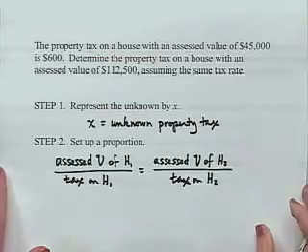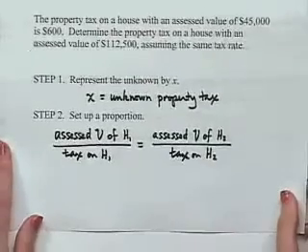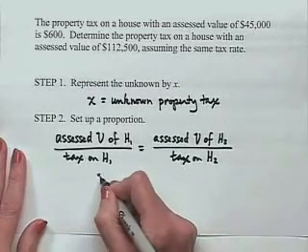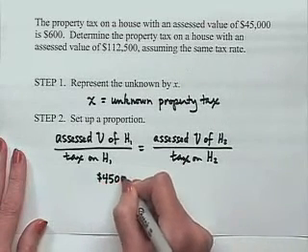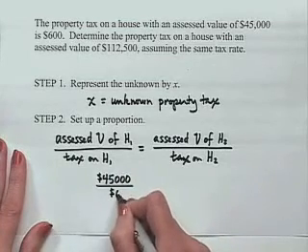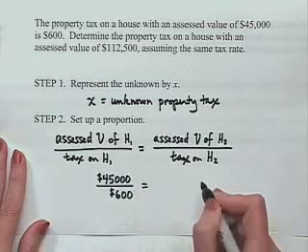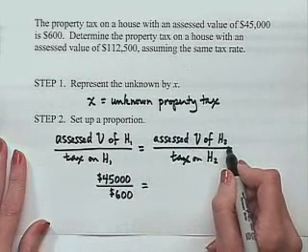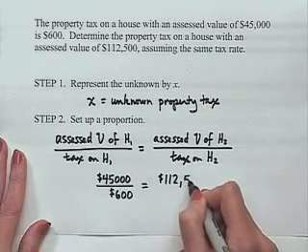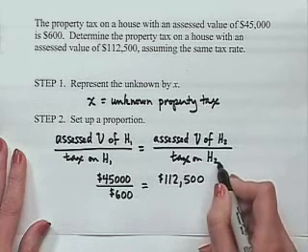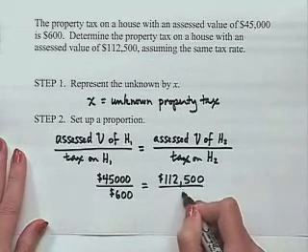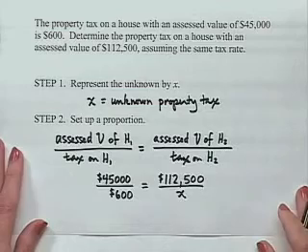Now, let's put in the values that we know. We know that the assessed value of house 1 was $45,000. The property tax on that house was $600. The assessed value of house 2 is $112,500. And the property tax on house 2 is what we're trying to find. That's our unknown property tax. So we're going to let that equal X.